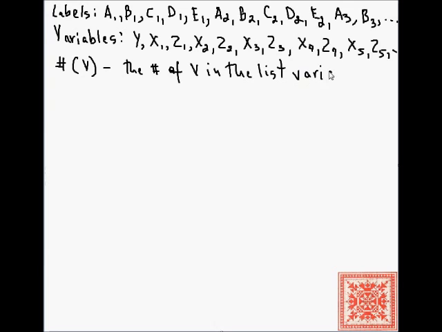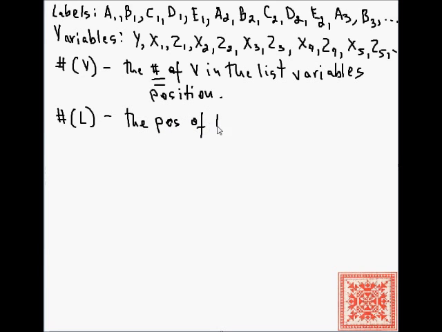For example, the position of y in the list of variables is 1, and the position of x1 is 2, and so forth. And if L is a label, then the number of L, written as hash of L, is the position of that label L in the list of labels.